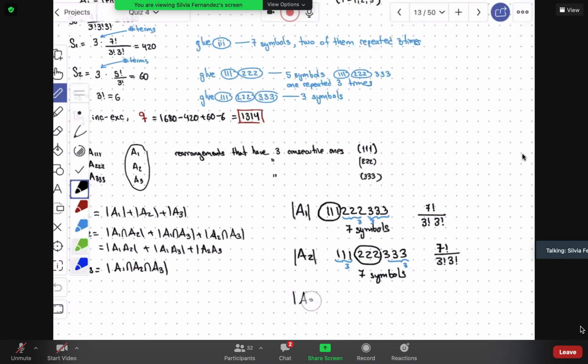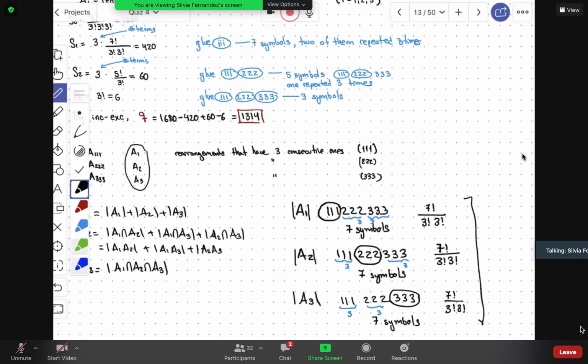And same thing if I do A3: I'm counting the ones that have the 3 3s together. I still have 7 symbols because I'm making the 3, 3, 3 like a single symbol that I'm going to shuffle around. And I still have 3 here that are repeating, 3 here that are repeating. So my counting is still 7 factorial over 3 factorial times 3 factorial.